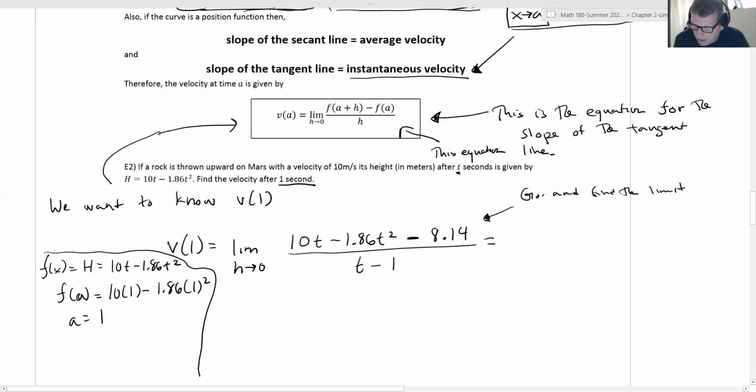So we've actually set it all up. Now I need you to just go and find this limit. I'll give you a hint: factor out t minus 1. How about that? Factor out t minus 1.